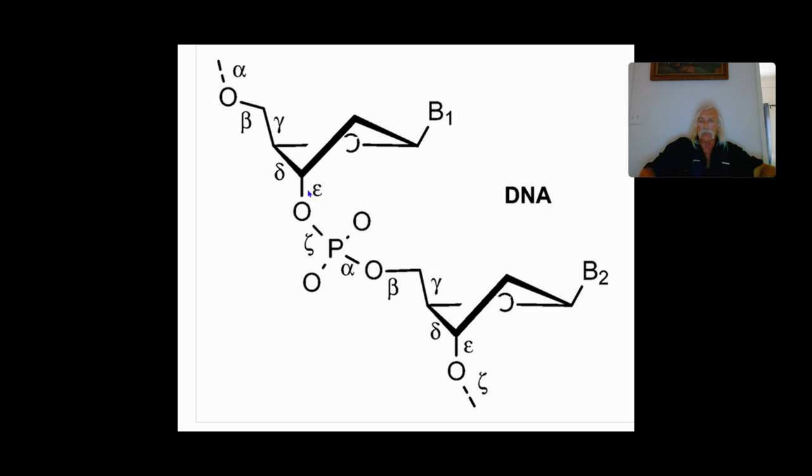There's the epsilon torsion angle. Then around the phosphate, this is the sugar phosphate backbone, you have the zeta torsion angle. There's the alpha torsion angle. There again is your beta, gamma, like up there. The delta, the epsilon, and the zeta. You see how it follows each base pair.